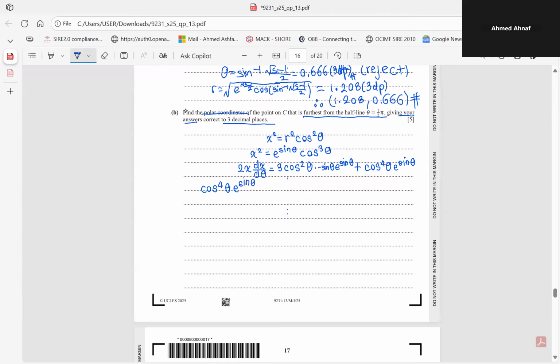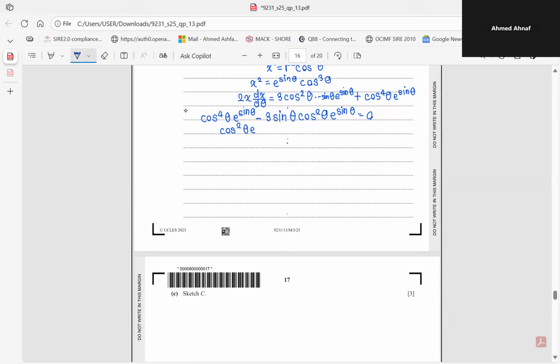Let's factor that out. So cosine squared theta e to the power of sine theta times cosine squared theta minus 3 sine theta. Now let's divide by e to the power of sine theta.